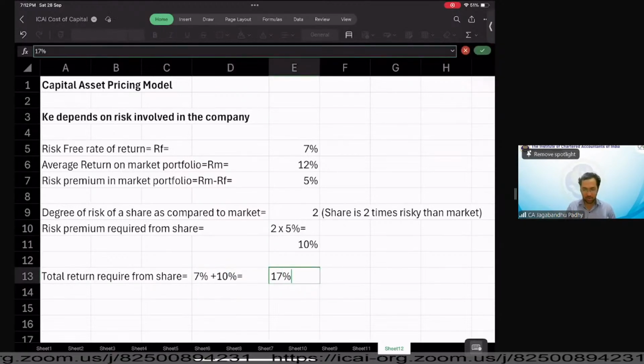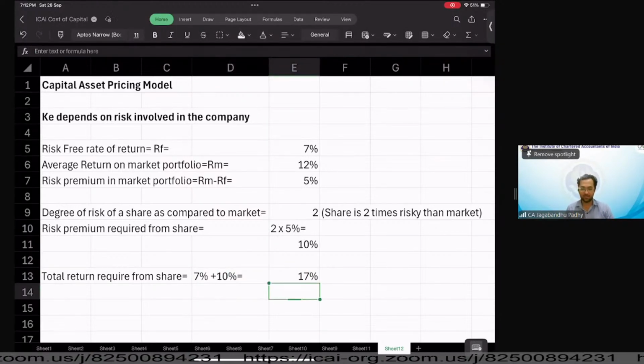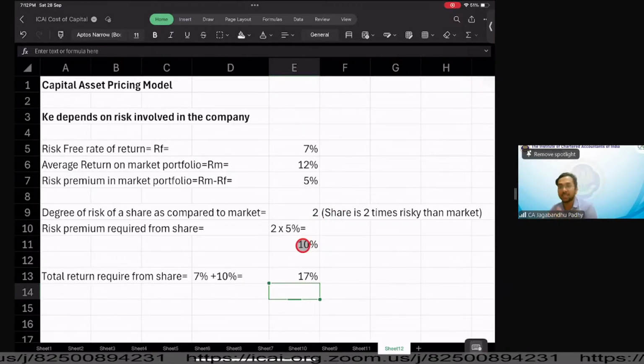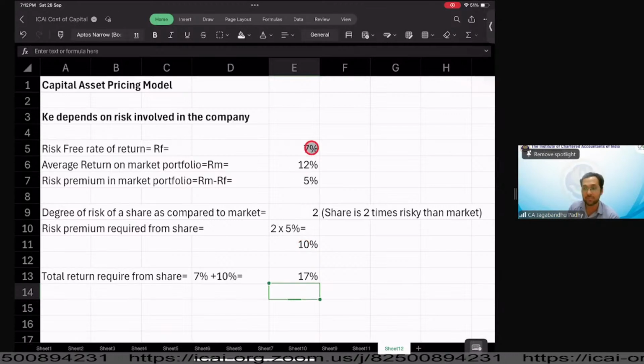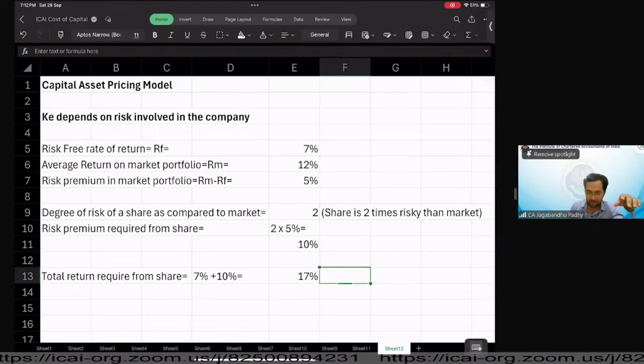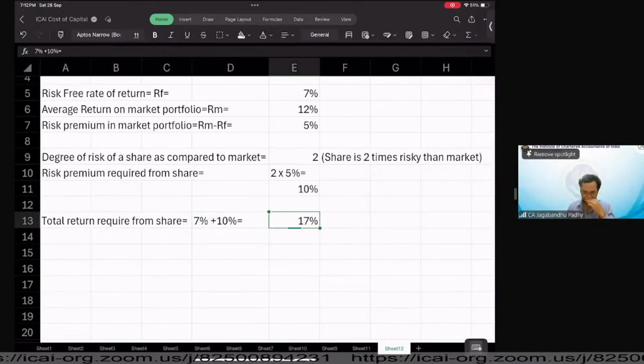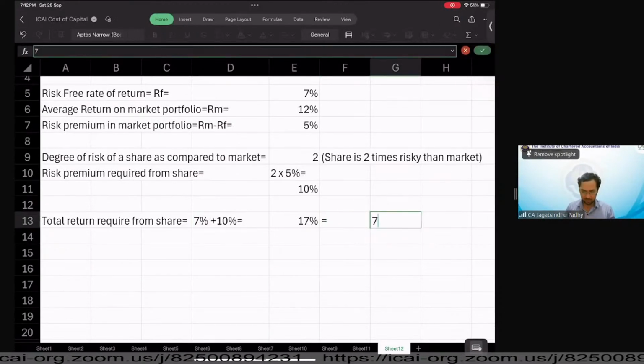I will require a total return of 17%, because 10% is the risk premium, the extra return that you need. Obviously, you will require the risk-free return also. So I need the risk-free return and the risk premium. Total return from the share: 17%.